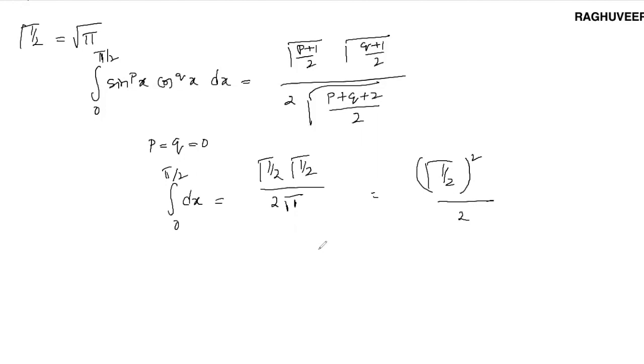So on the left hand side you get pi by 2. Now this is gamma half whole square by 2, right? So these two get cancelled. So gamma half is equal to root pi.